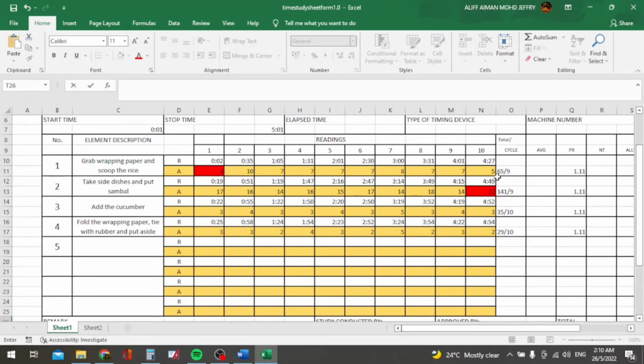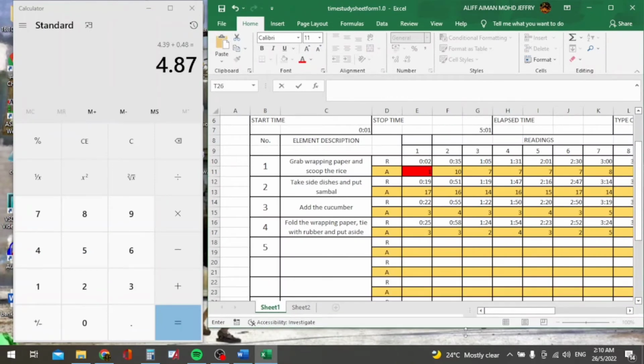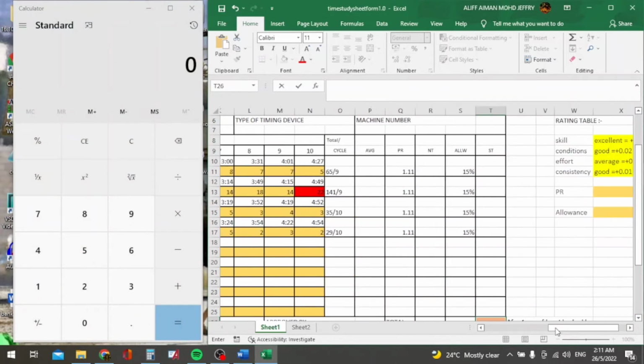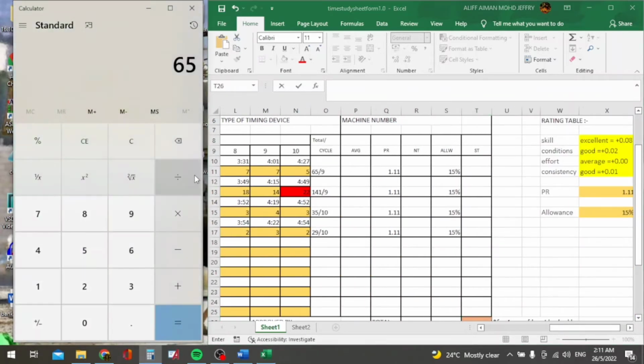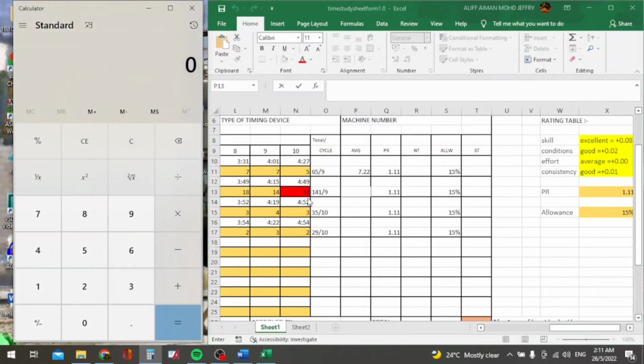For the average time for element 1, 65 divided by 9, we get 7.22. We take 2 decimal places. For the second one, we also take 9 because at cycle 10 we have the outlier, which is 22.